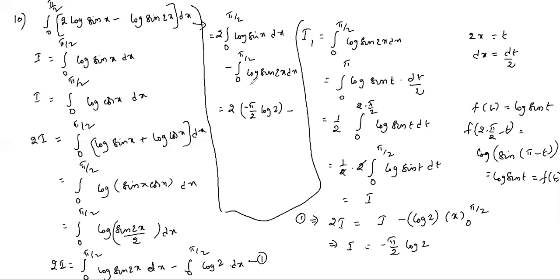Integral 0 to pi by 2 log sin 2x is also I1, and I1 equals I, so both are equal: minus pi by 2 log 2. So 2 times minus 1 time means 1 time. So the answer is minus pi by 2 log 2. Or if you take the minus inside the logarithm, log of 1 by 2 base, you can also write it that way. So this is the answer.